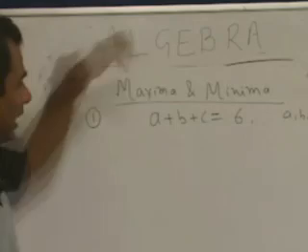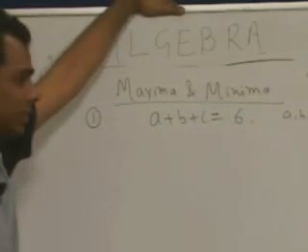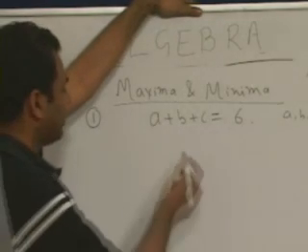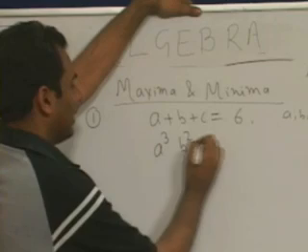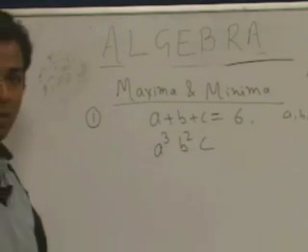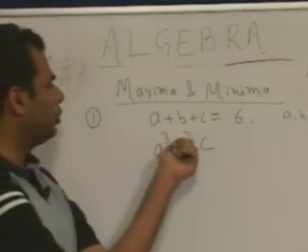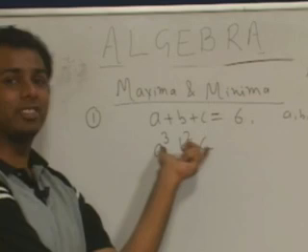Now similarly, if a plus b plus c equal to 6 has been given to us, and now we need to find the maximum value of, let's say, a cube, b square and c. Now remember, this is a cube, b square, c. So they are not three terms, but basically these are 6 terms.